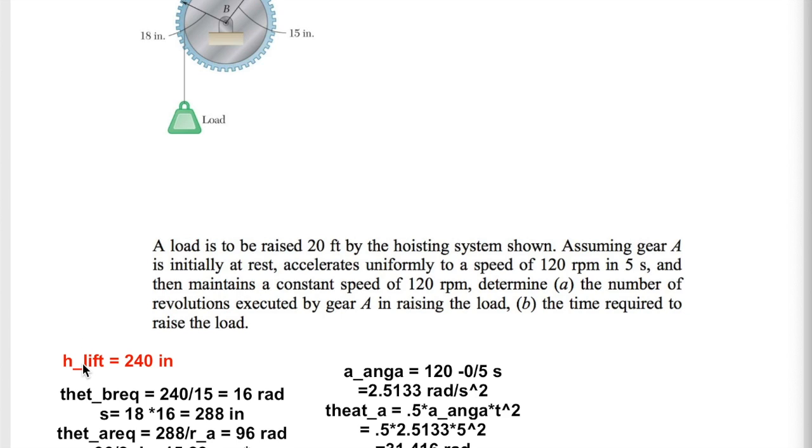So we just take that 20 feet, convert it to inches to match all our other measurements. We know that the theta B required to move the load all the way up would be that 240 divided by the size of that B gear, which is 15. So it needs to move 16 radians.